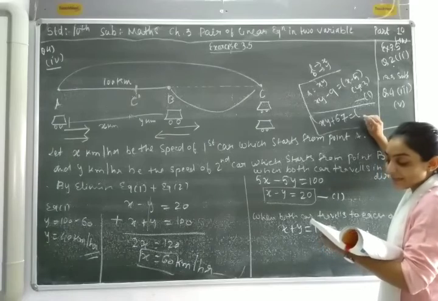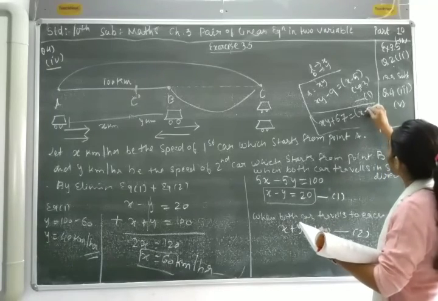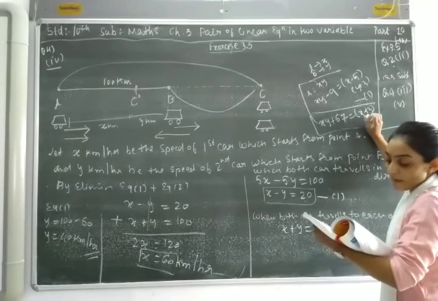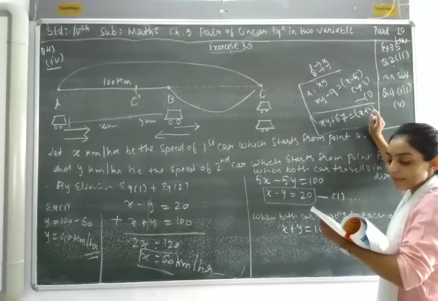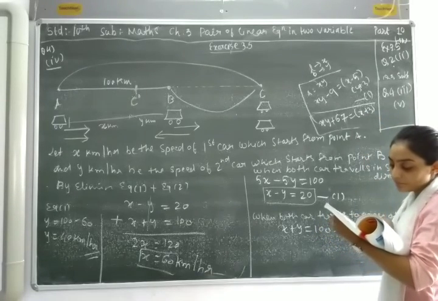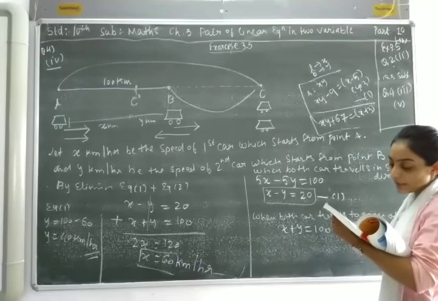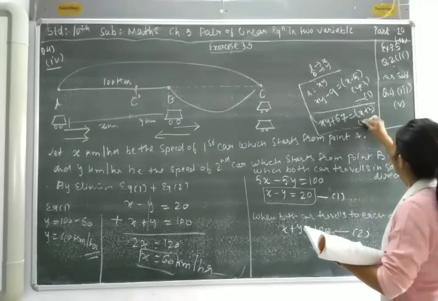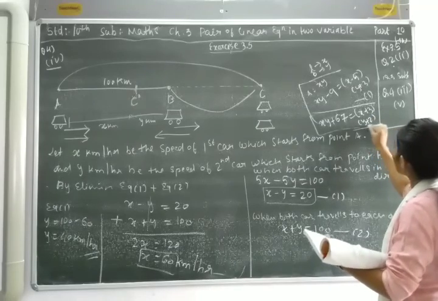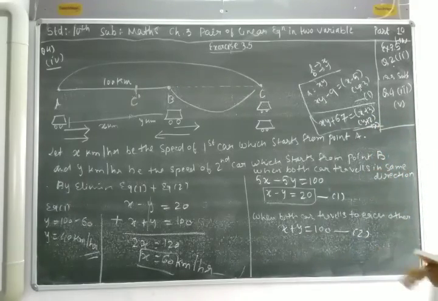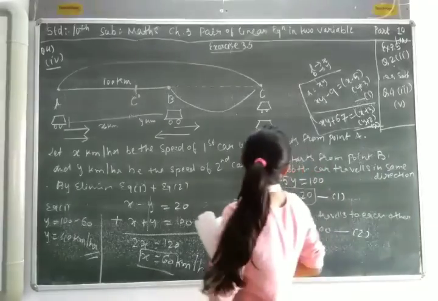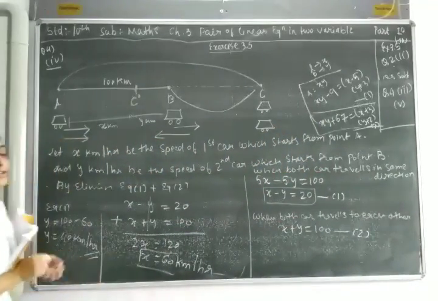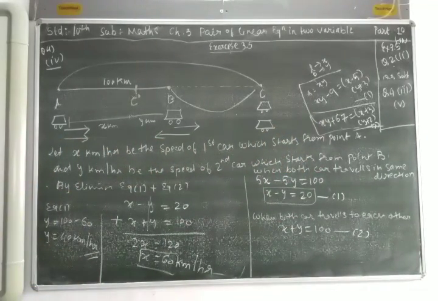If the length is increased by 3 units, so x plus 3, and breadth is also increased by 2 units, so y plus 2. Now solving this one, you will get your answer. All these are your homework questions. You have to solve them. Okay, that's it for this.